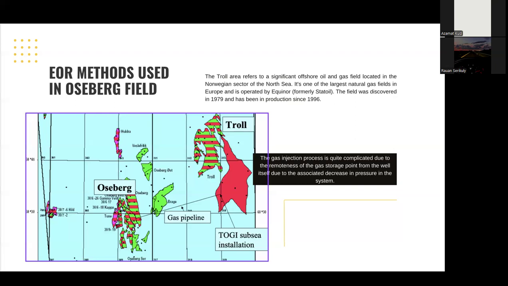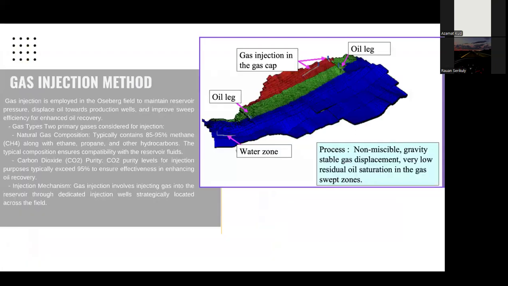And this steam injection involves injecting steam into the reservoir to heat the oil and reduce the viscosity, and makes the liquid flow towards the production wells. This method is particularly useful for heavy oil reservoirs.